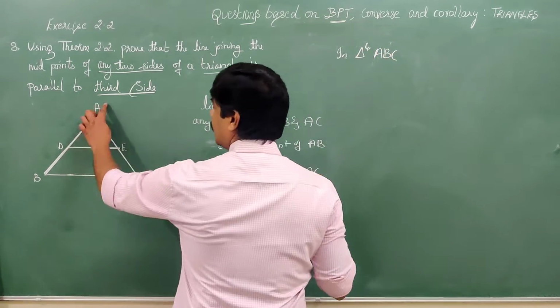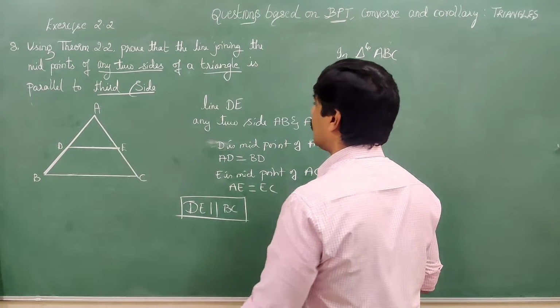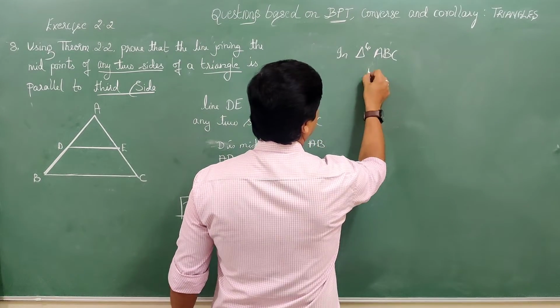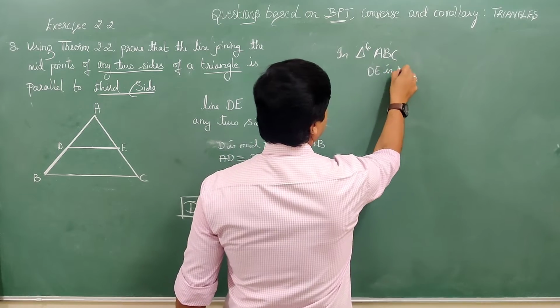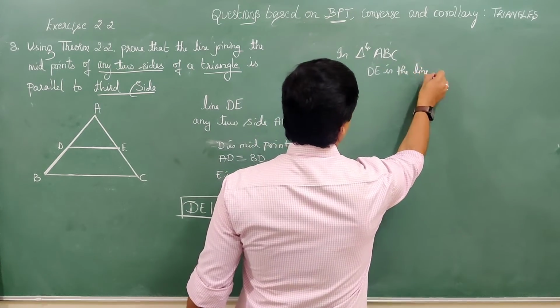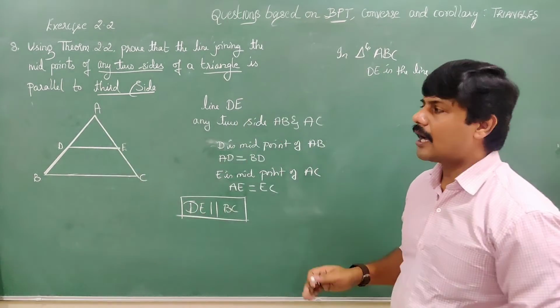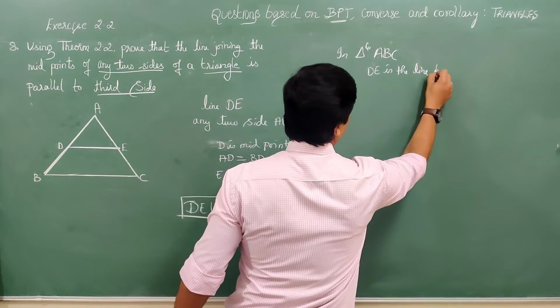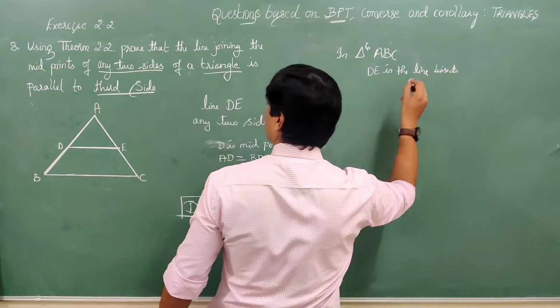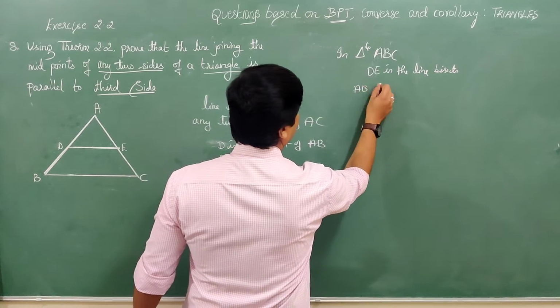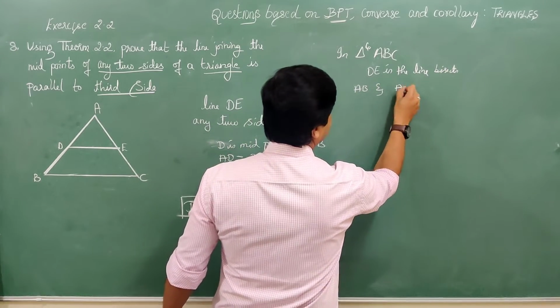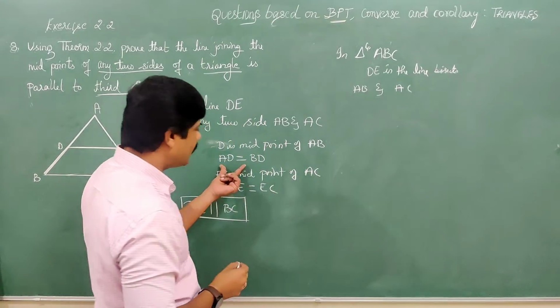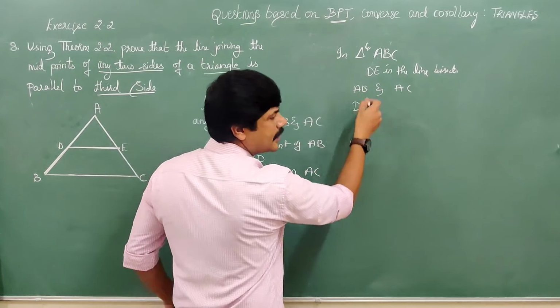In triangle ABC, DE is the line that divides, or bisects, the other two sides AB and AC. That means these are all given.